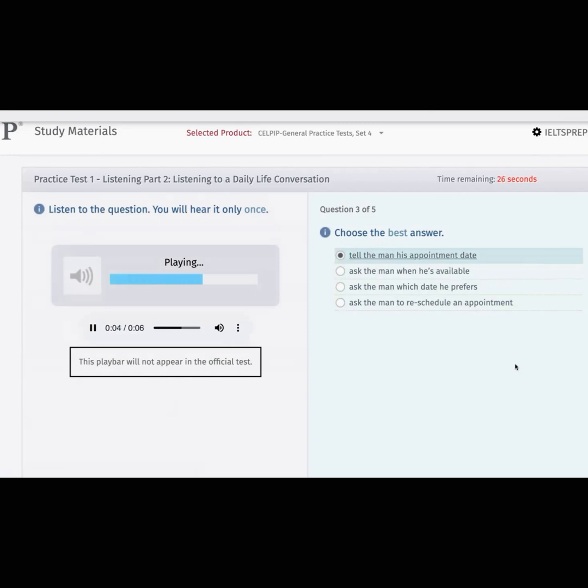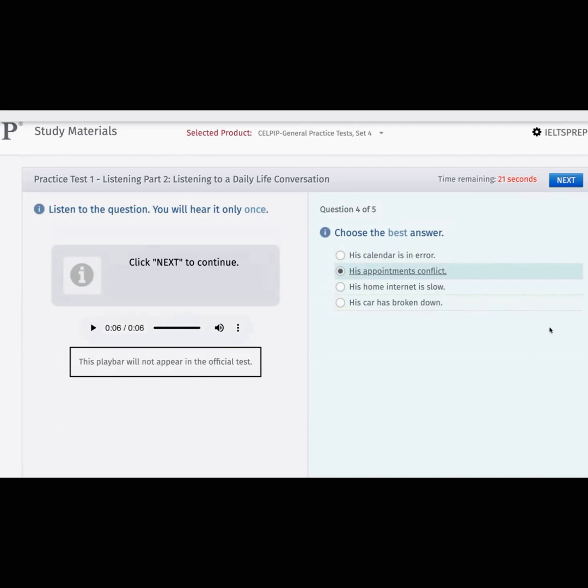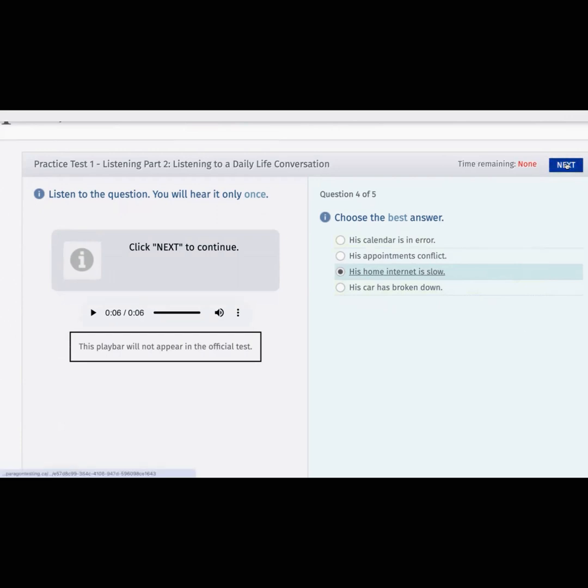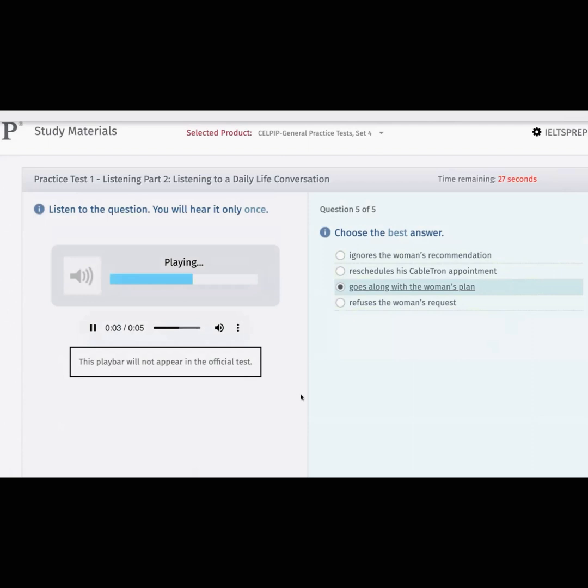What did the woman intend to do with this phone call? Question 4. Why does the phone conversation frustrate the man? Question 5. What does the man do in the end?